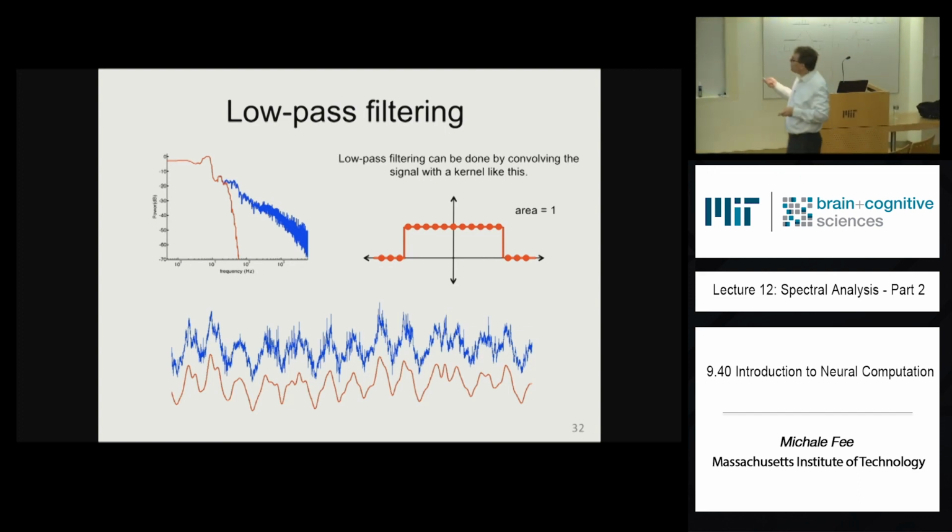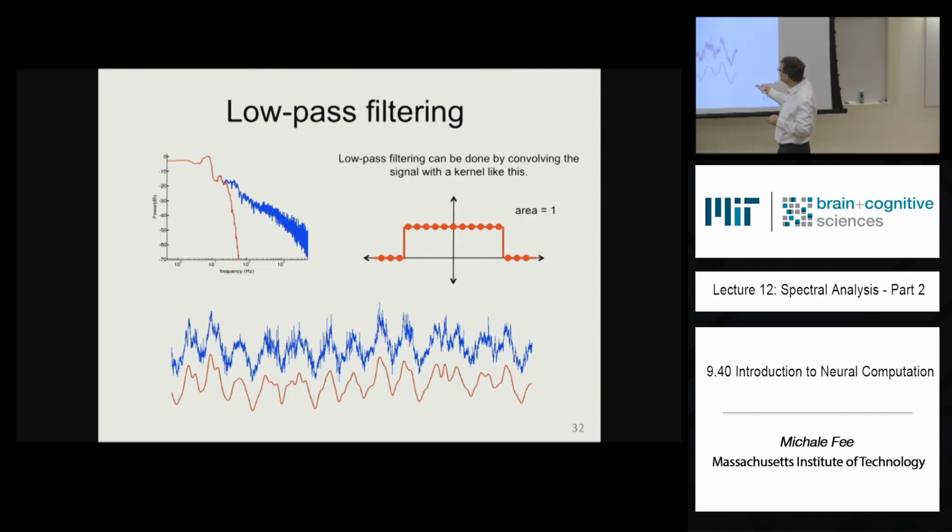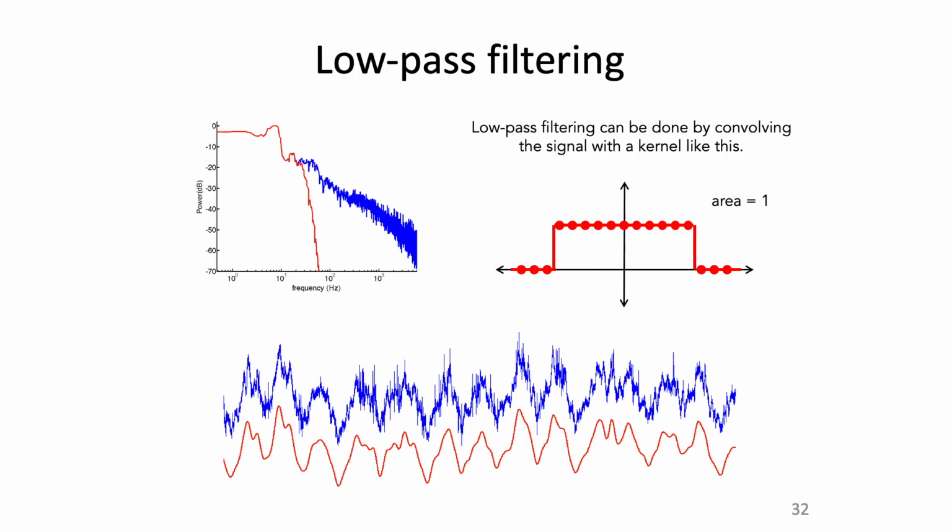So, okay, this is what we just talked about. We introduced the idea before. This was actually a neural signal that has spikes up here and local field potentials down here, and we can extract the local field potentials by smoothing the signal, by low-pass filtering it, by convolving it with this kernel here.